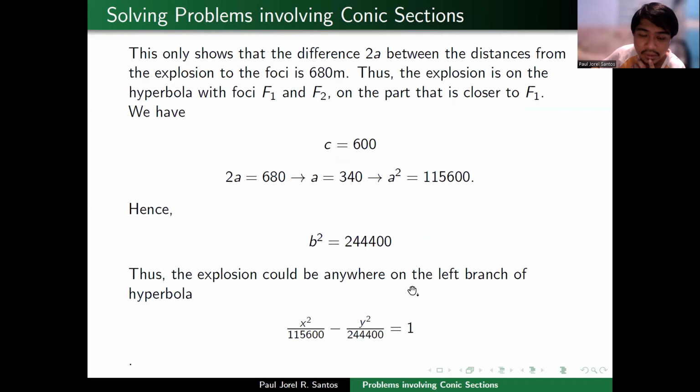Okay, thus the explosion could be anywhere on the left branch of the hyperbola x squared over 115,600 minus y squared over 244,400 is equal to 1. It only tells us that the coordinates of the explosion satisfy this standard equation of the hyperbola.